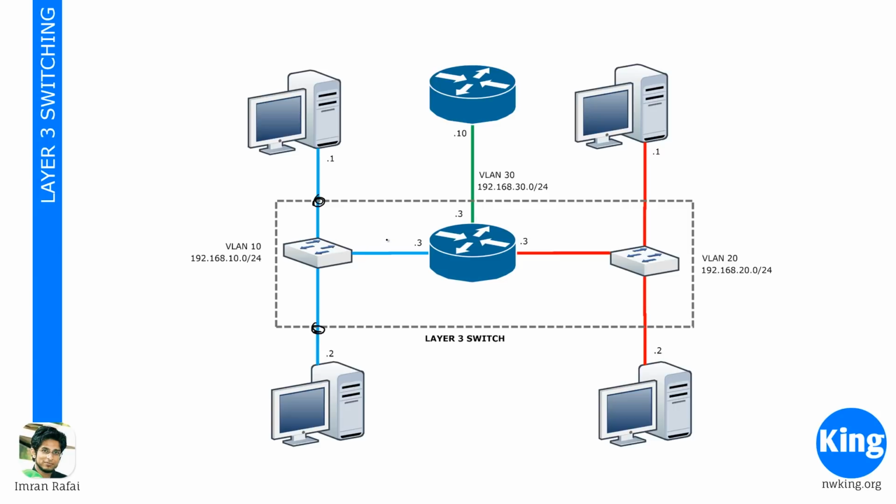Then we create an SVI. This is the SVI, right? The SVI that we need to create, interface VLAN 10, let's assume, to make it easy, it's actually software, but it's not a router. It doesn't have all routing functions, but it's a mini router.